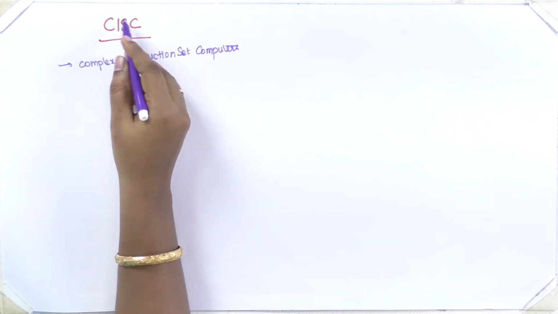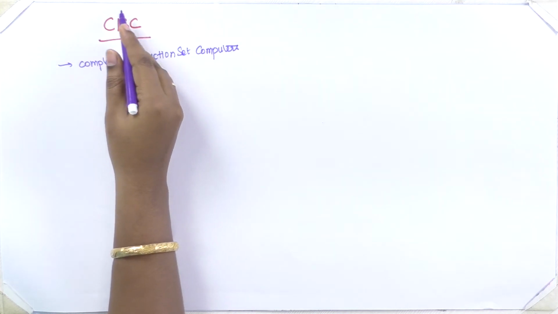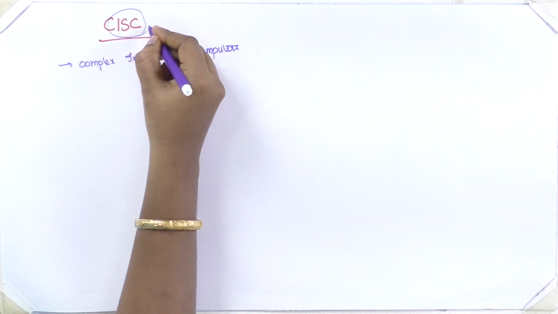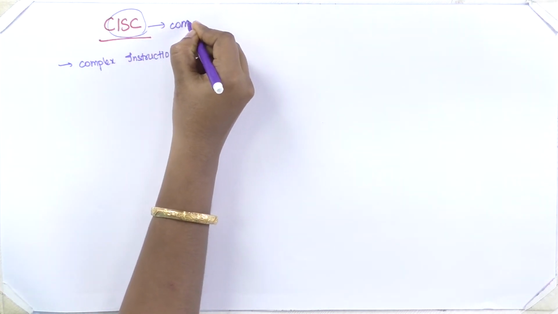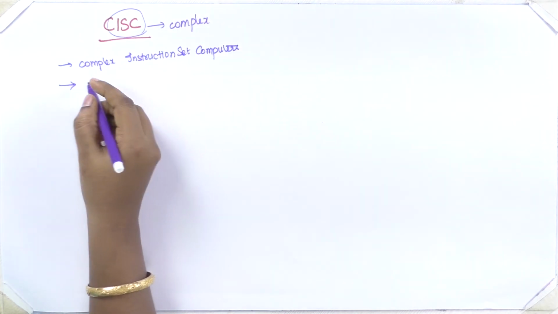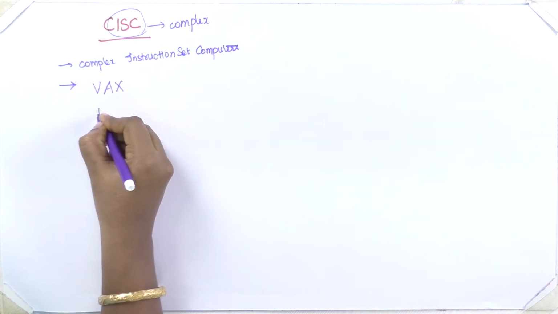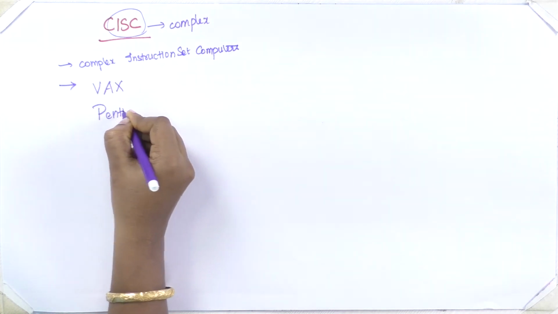So CISC architecture have large and complicated instruction set, several different instruction formats and length, and different addressing modes. The implementation of CISC architecture is very much complex. Under CISC architecture, we are going to see about two architectures, VAX architecture and Pentium Pro architecture.